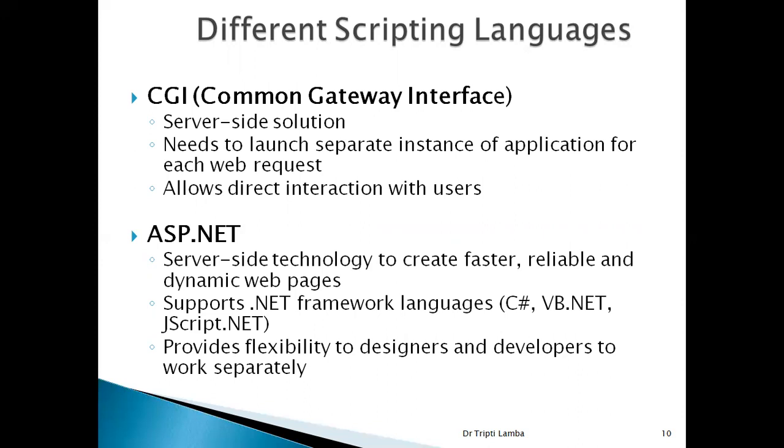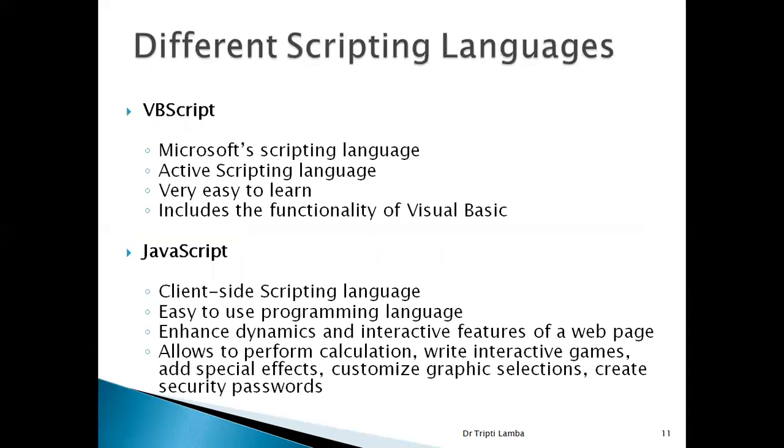Then you have ASP.NET. That's also a technology students generally use for their projects. It's a server-side technology to create faster, reliable, and dynamic web pages, and it supports .NET framework languages. It provides flexibility to designers and developers to work separately.